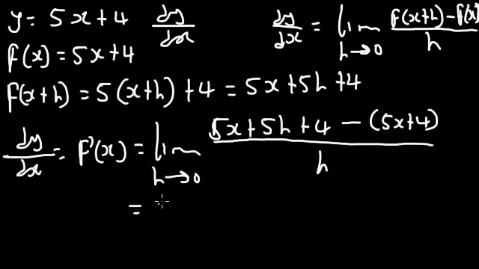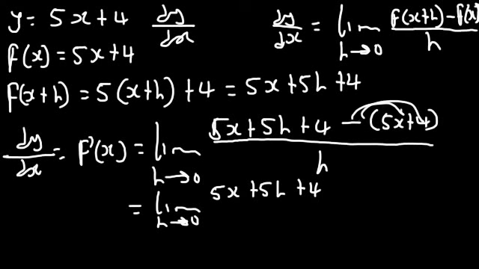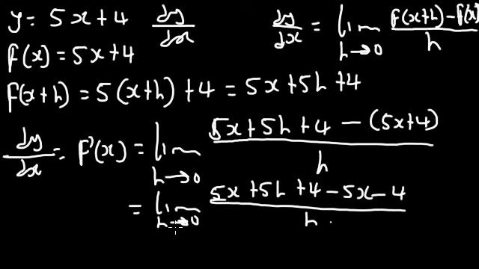And simplifying this forward, we have the limit as h approaches 0 of 5x plus 5h plus 4. Then when we distribute the negative, we have minus 5x minus 4, all divided by h.